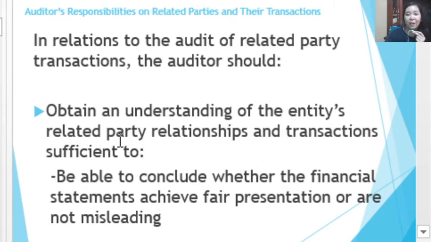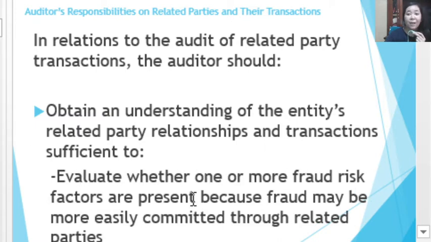Another is that the auditor should obtain an understanding of the entity's related party relationships and transactions that is sufficient to conclude whether the FS achieve a fair presentation, or are not misleading, reflecting the true nature of these relationships and transactions.